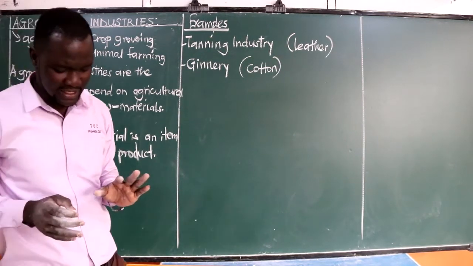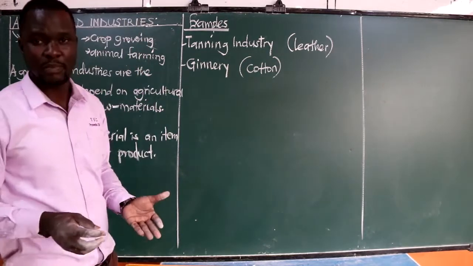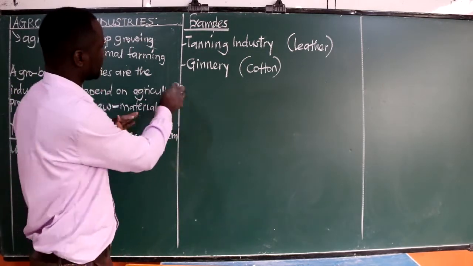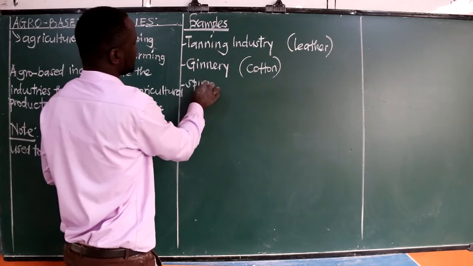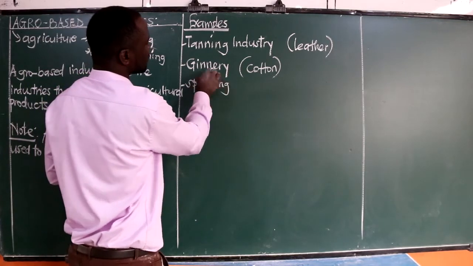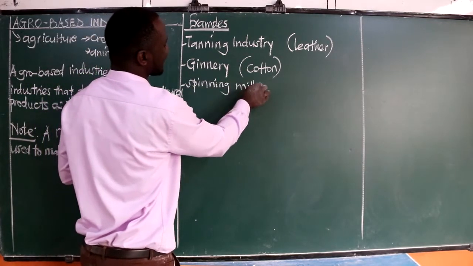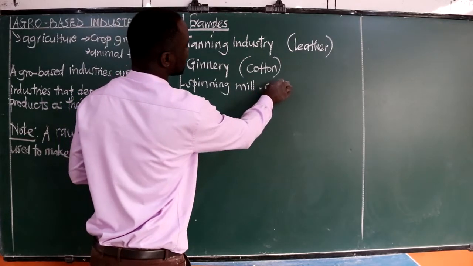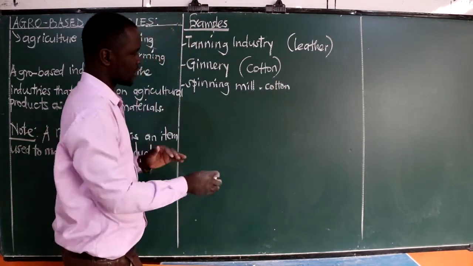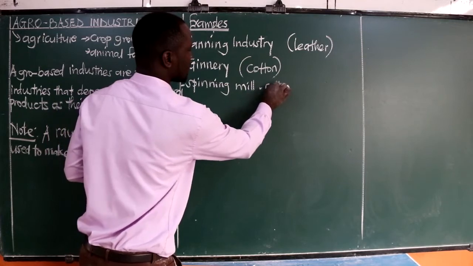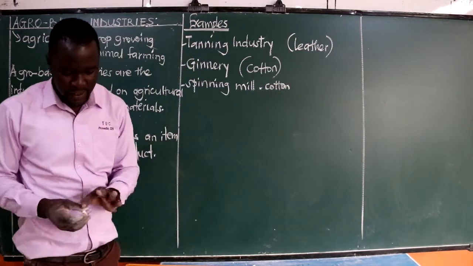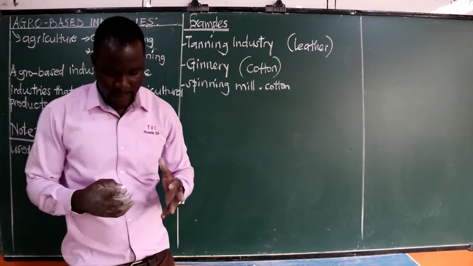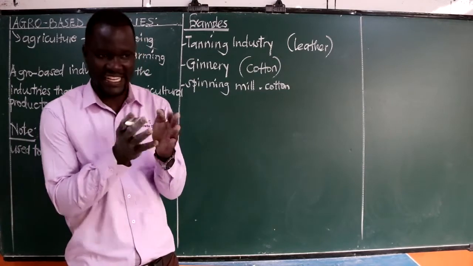I want us to understand this. The next is the same: spinning mill. Still under cotton. Spinning mill, we are saying, is where cotton is processed into threads.